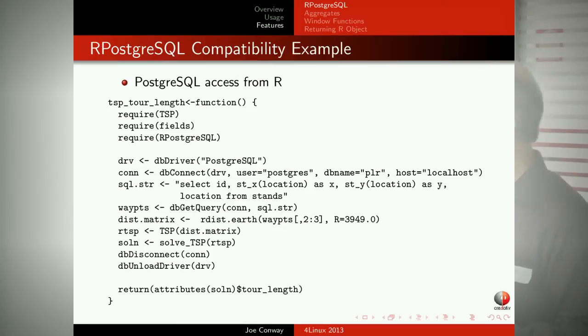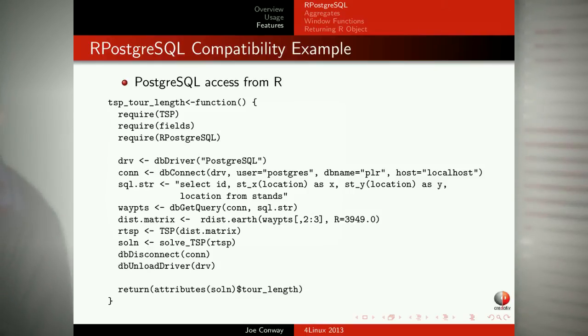For instance, this function is written in R. In here, I'm using the package TSP, which solves the traveling salesman problem. Are you familiar with it? Anyone not familiar with that? No?